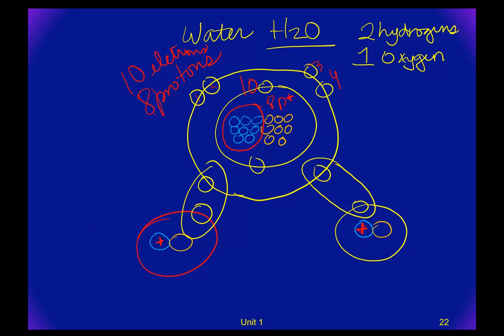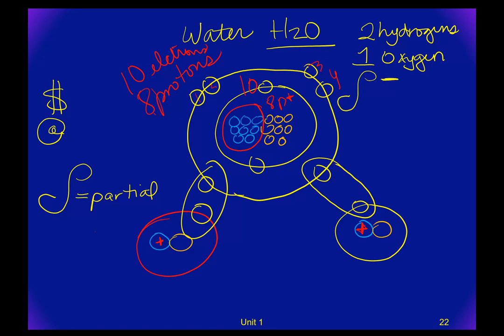So I'm going to show you a couple of things and you tell me what they mean. What does that symbol mean? Money. What does this symbol mean? This is just another symbol, okay? And it means partial, meaning sometimes. When it comes to water, the oxygen is partially negative.